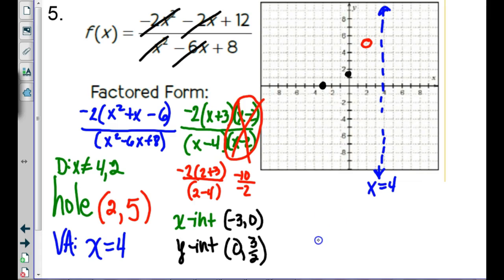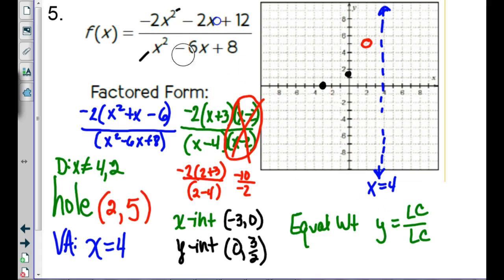End behavior. Top heavy, bottom heavy, equal weight. Equal weight means, yes, y equals leading coefficient over leading coefficient. I feel like we haven't done one of these yet for Tara. She was gone yesterday, guys. The leading coefficient of the top is negative 2.